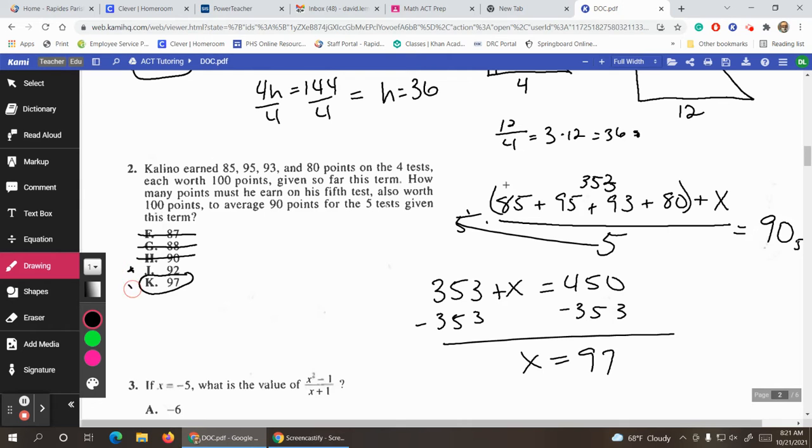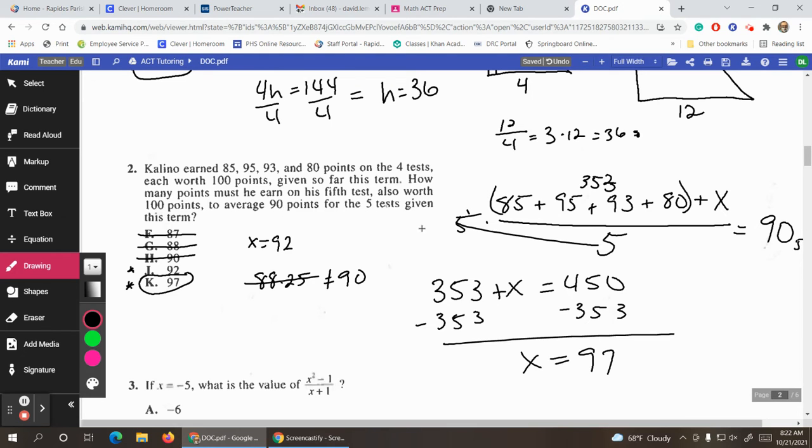So it's only 92 or 97. If you don't know how to work this mathematically, just plug in 92 for x. If x is 92, then the average would have been 88.25, and so you would have known that's not 90. That means it had to be 97.